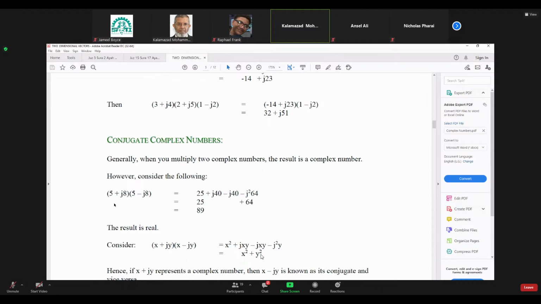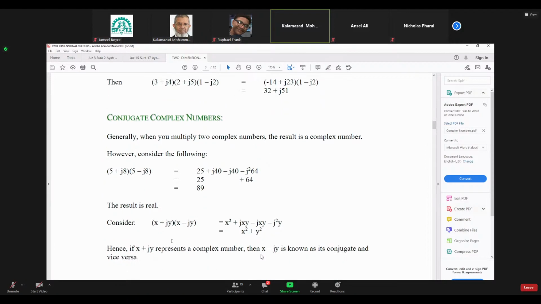So when you multiply 5 plus j8 by 5 minus j8, we get what is called a real number. All right. So to generalize that, we have that x plus jy multiplied by x minus jy always results in x squared plus y squared. Okay.